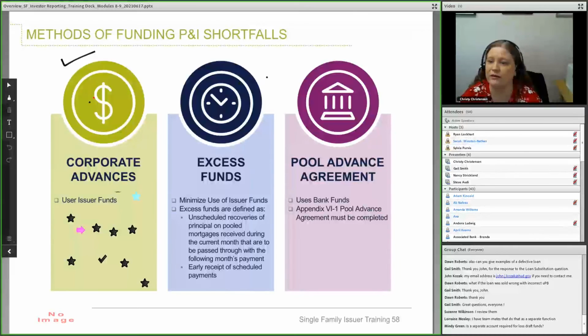Okay, so it looks like pretty much everyone is using the corporate advances. Oh no, there's one using excess funds. Thank you so much for placing the stickers.